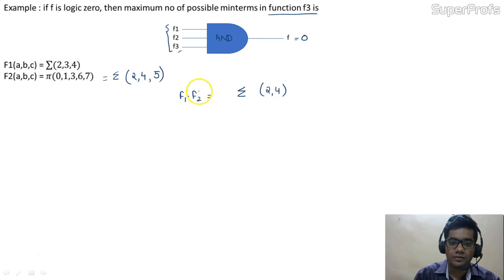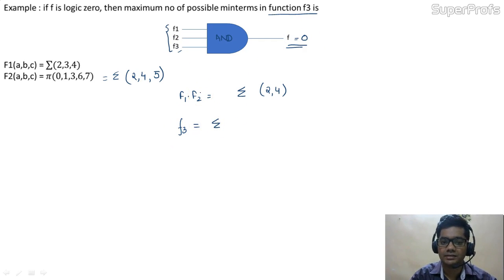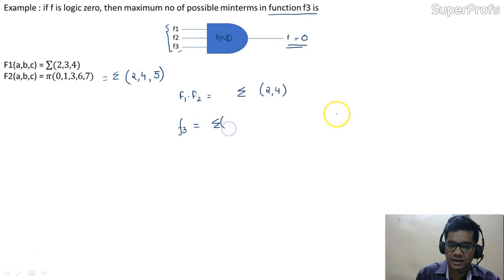Now we have to take f3 such that the output f is equal to 0. So f3 should be such that when we take the common minterms 2 and 4 and the minterms in f3, there should be no common terms. So what are the possible minterms that can be in the f3 function? 0, 1, 3 and 5, 6 and 7.